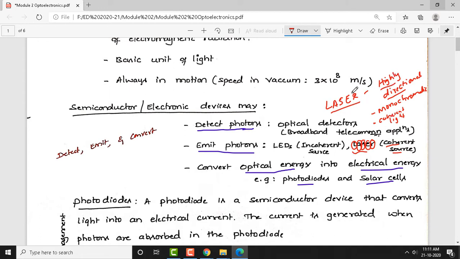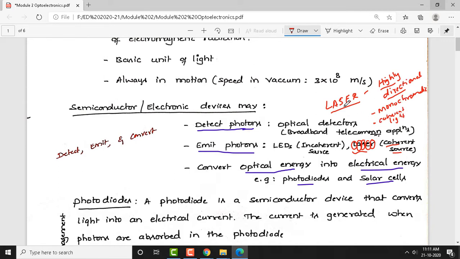We will talk about this more when we come to the light emitting materials. Under that topic we will cover light emitting diodes and laser. But to give brief information, laser is light amplification by stimulated emission of radiation, is a highly directional beam, is monochromatic, and is an example of a coherent source.